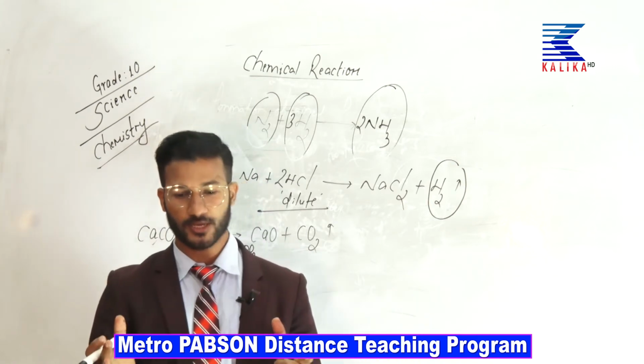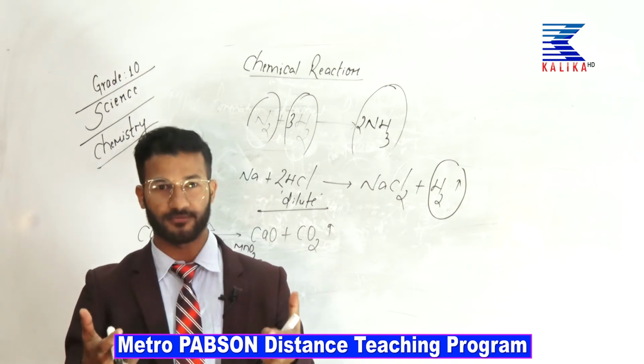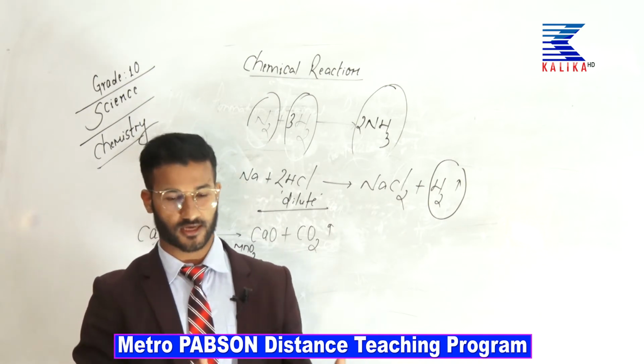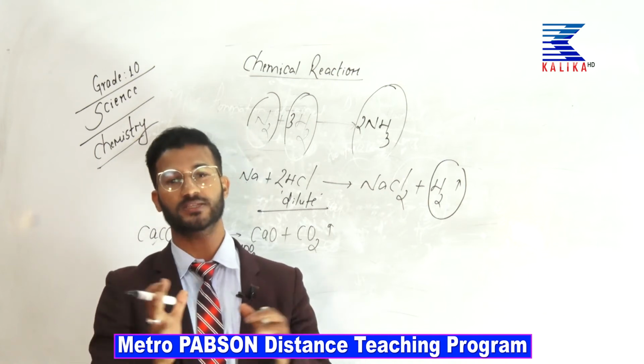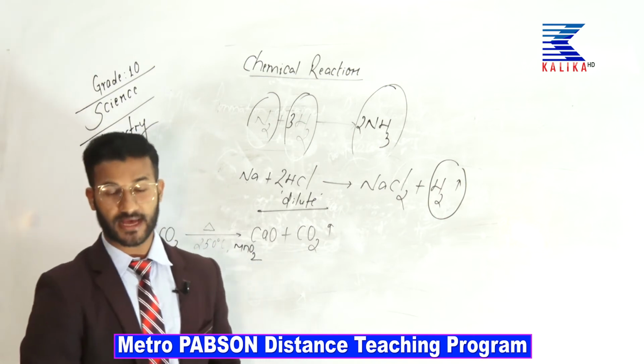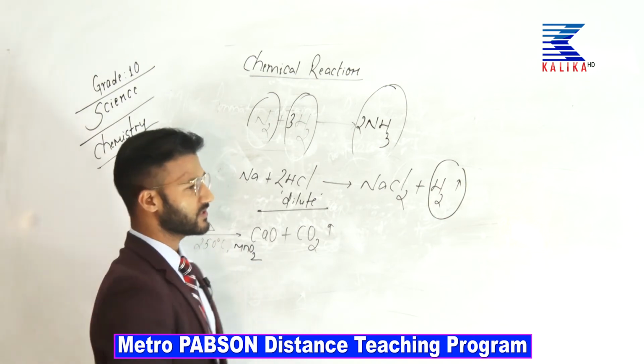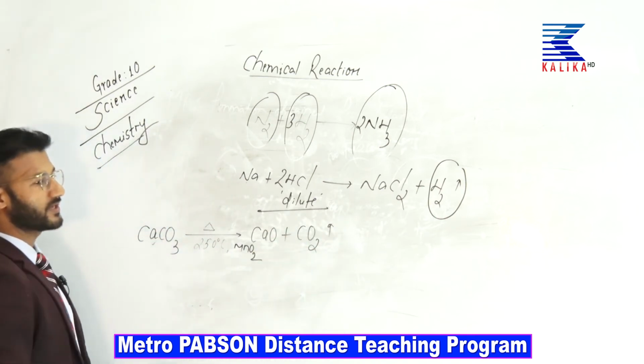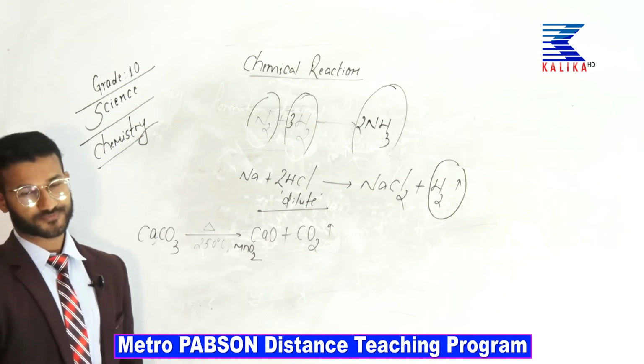Whether a chemical reaction needs heat or the supply of light or a catalyst or promoter, this information is not found in a balanced chemical equation. Likewise, the next point is the rate of chemical reaction.